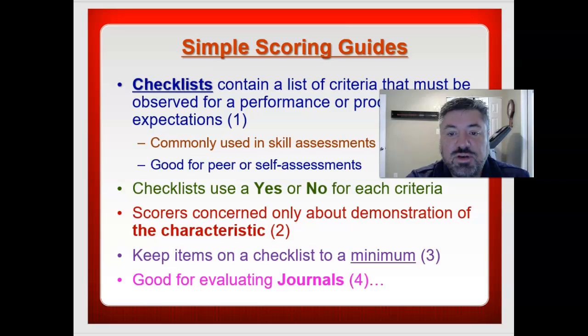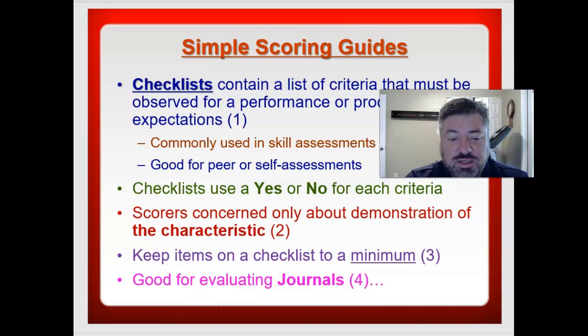Did a student in the golf swing show the correct stance, yes or no? Did they show the correct preparatory phase, yes or no? Did they show the correct action phase, yes or no? Did they hold their follow-through correctly, yes or no? We're not really looking for degrees of performance here, all right? So remember, scores are really concerned about the demonstration of the overall characteristic. It's a checklist, not necessarily a score sheet of results.